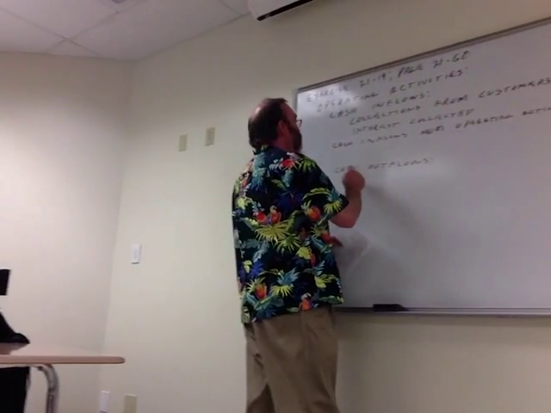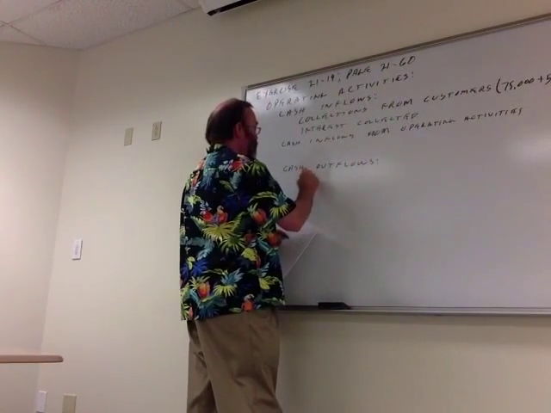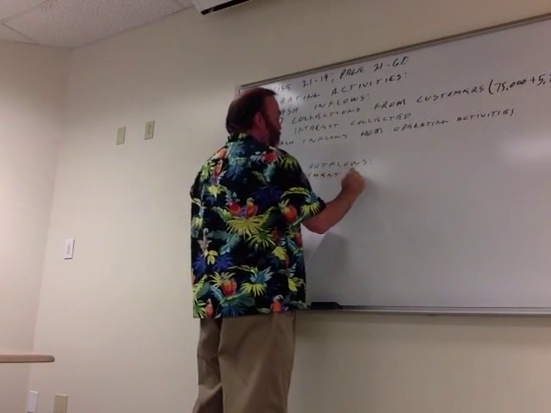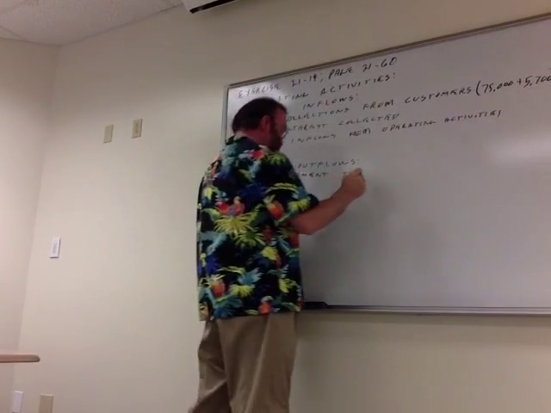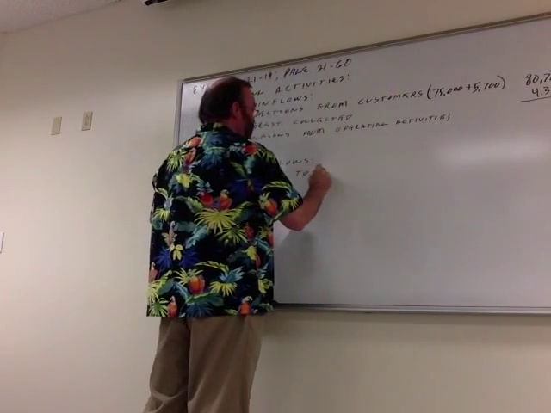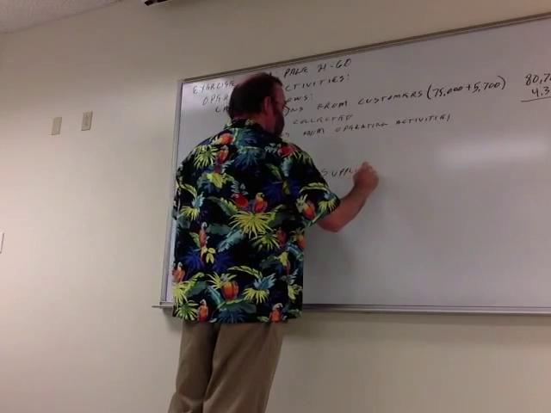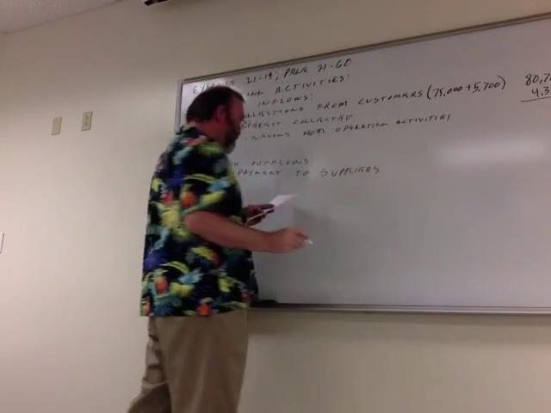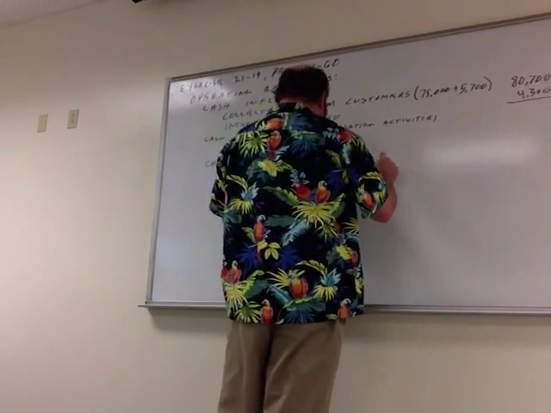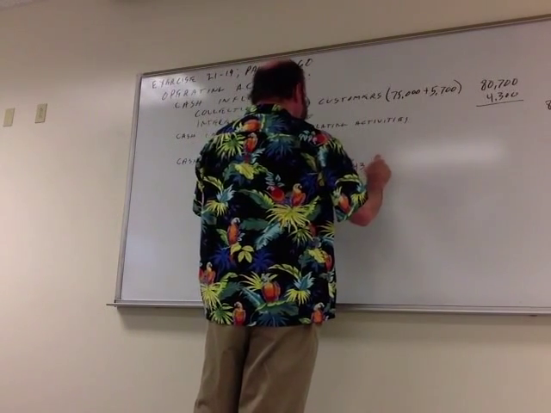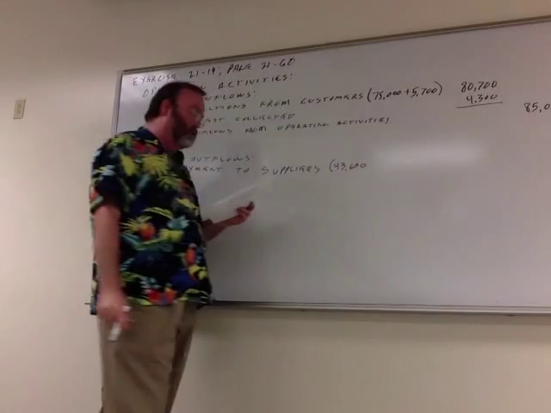Starting with cost of goods sold. What payments are associated with cost of goods sold? And we get that from suppliers. So payments to suppliers. Payments to suppliers starts with the $43,600 cost of goods sold.